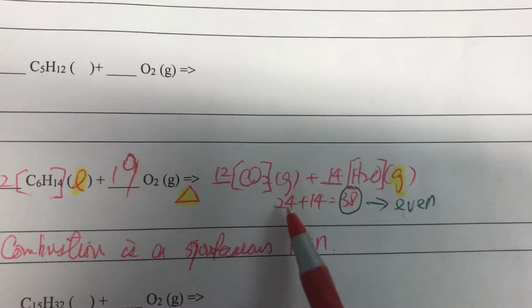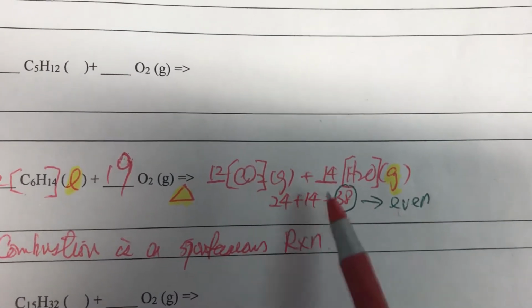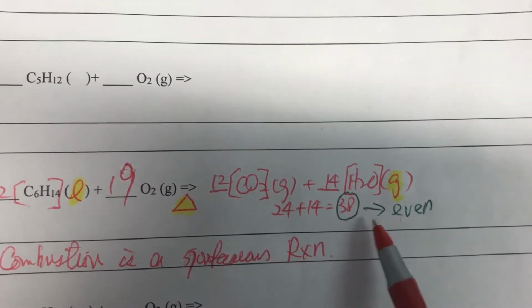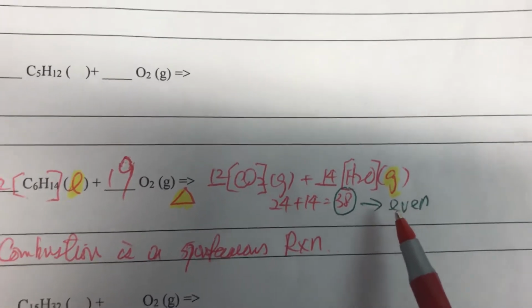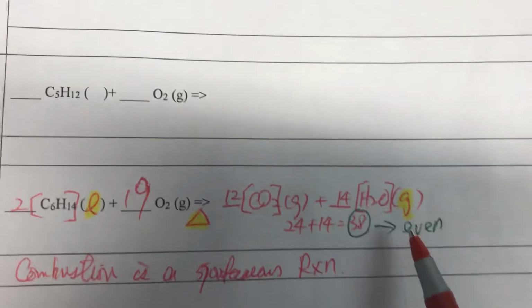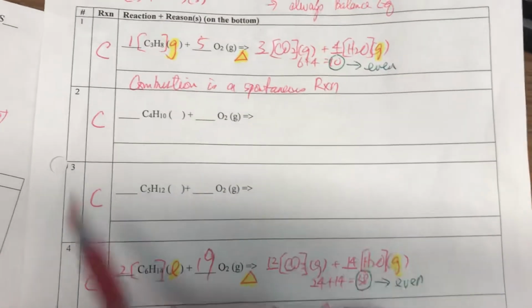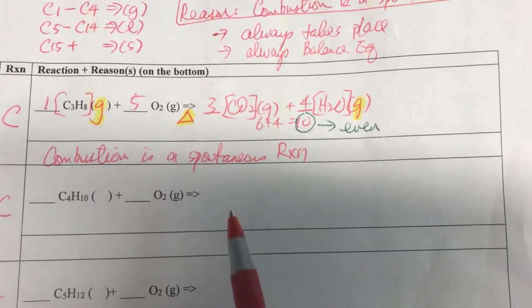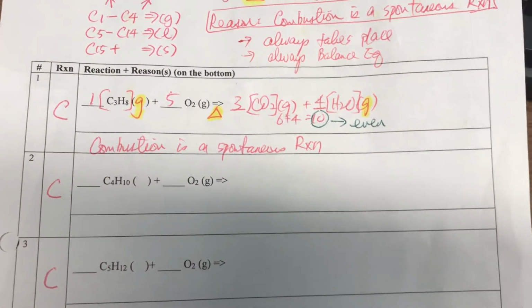Then the oxygen is 12 times 2, which is 24, plus 14 is 38. Again, this is the number right before dividing by 2 to get oxygen, which is 19, so this number must be even. All the combustion in this worksheet is a spontaneous reaction. You always need to balance the equation, there's no doubt about that, okay?